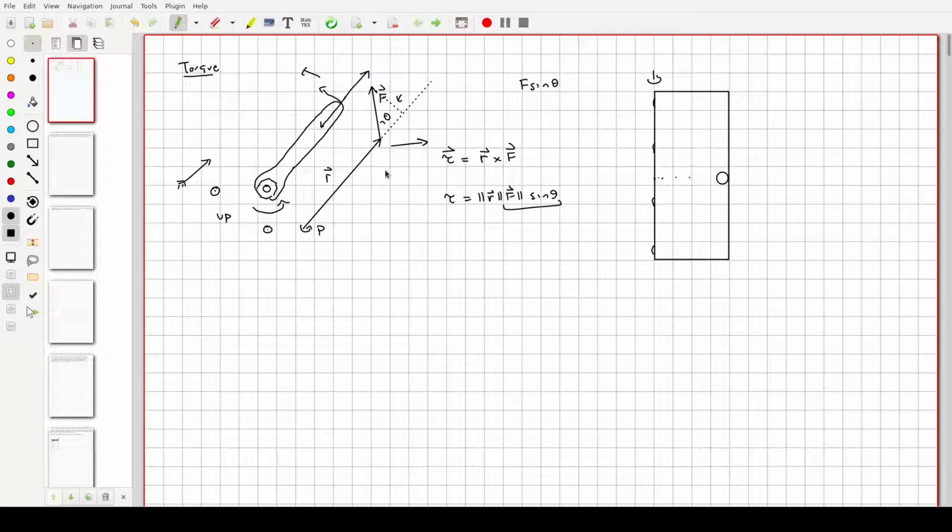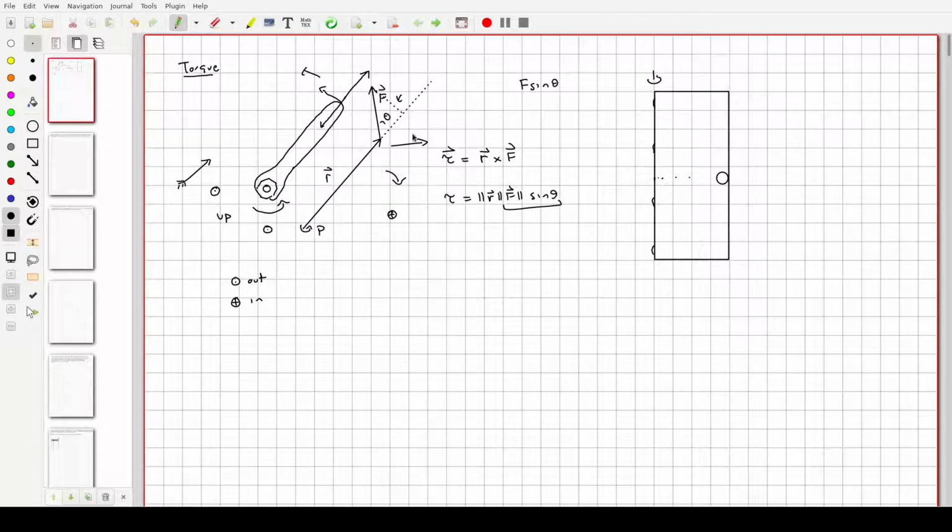This force would cause rotation this way. If you use the right-hand rule in that case, your thumb would be into the page. And if you think again about a vector as being an arrow, looking at the tail feathers, you see that. So this is out of the page, and this is in. Okay?